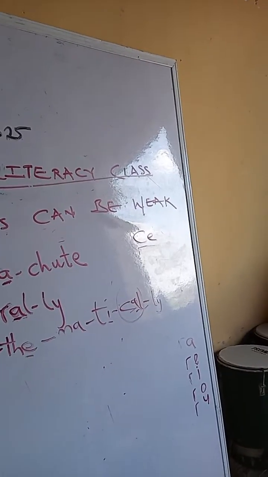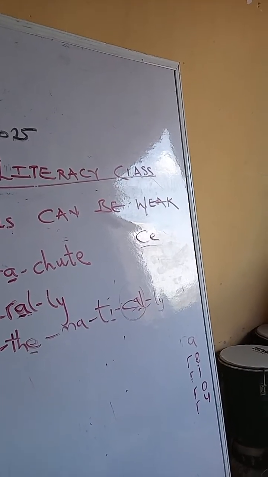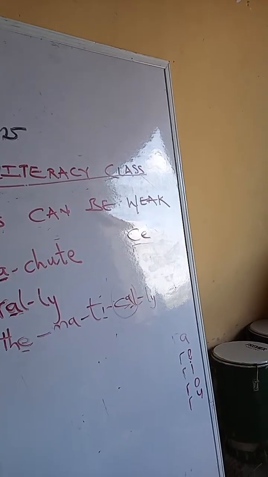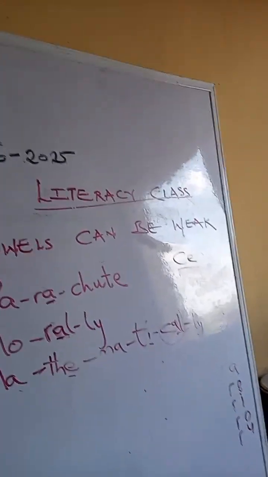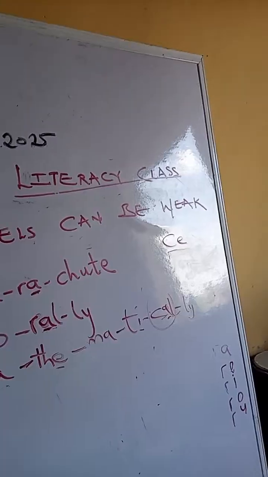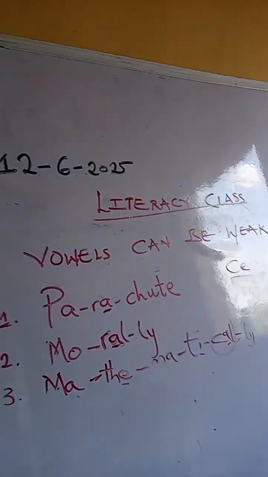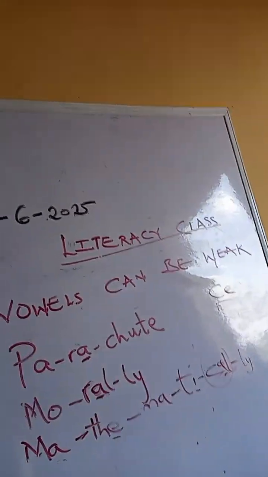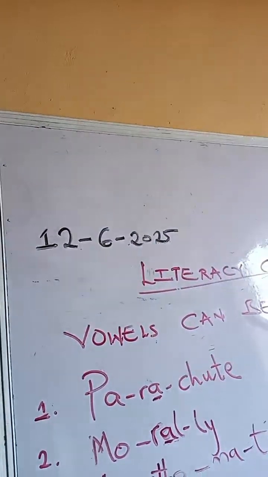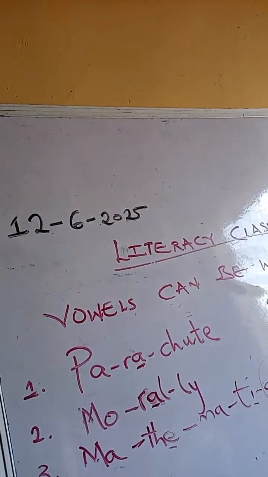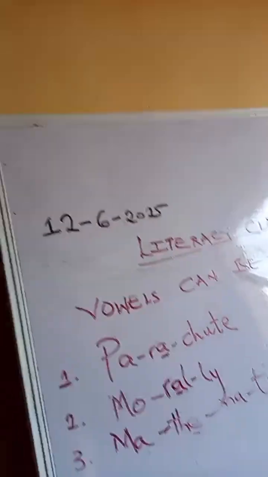L is not a vowel. I'm talking of vowels there. Already you know you have said A is weak, right? That's why we said literacy because the A is weak.